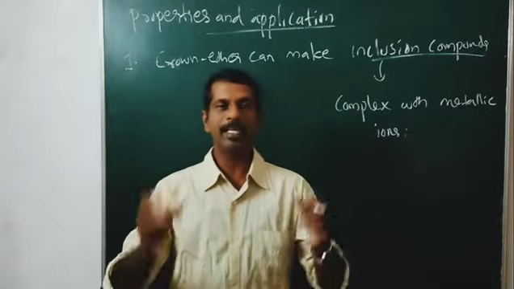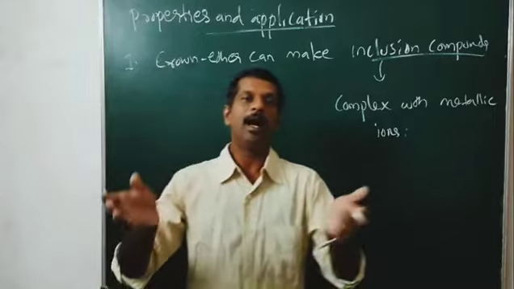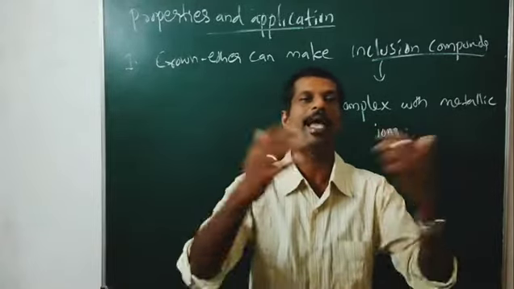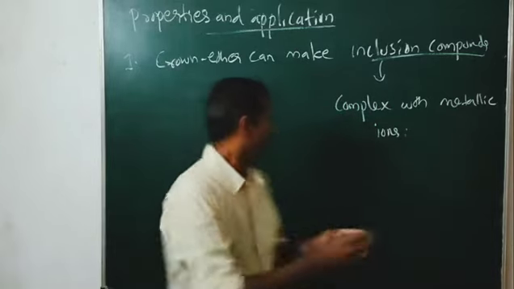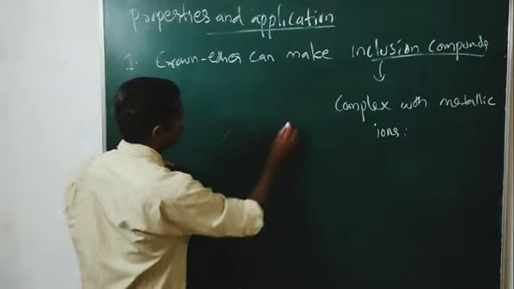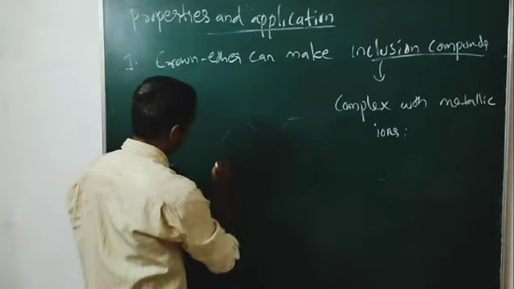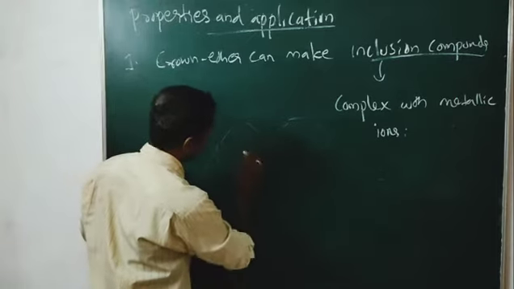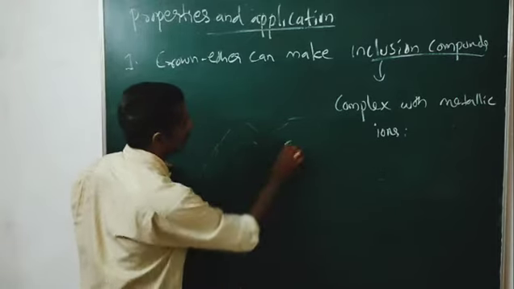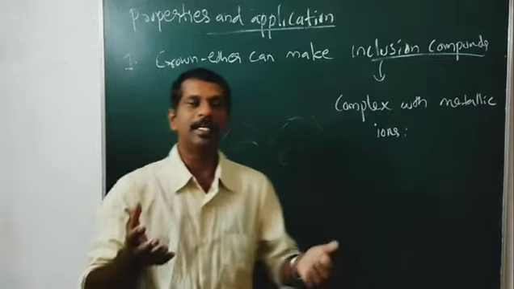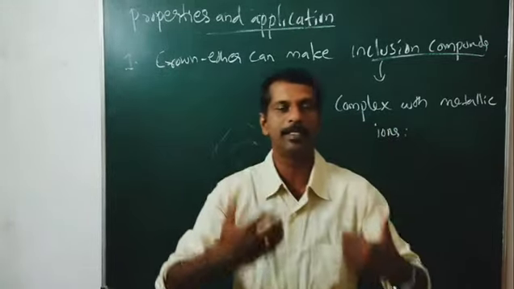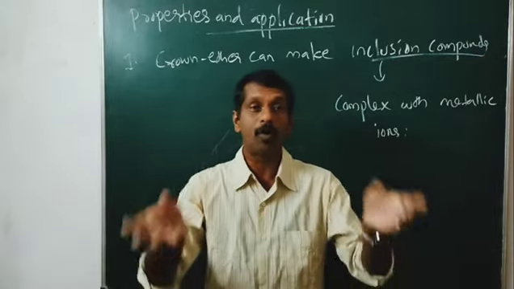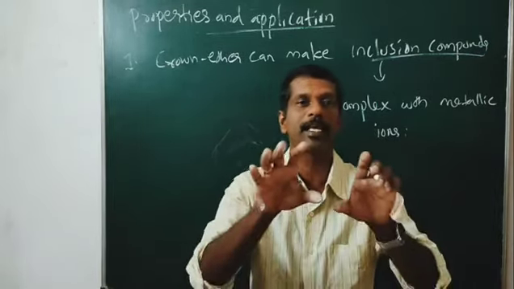So crown ether can make complexes with metal cations. Why can they make complexes with the metal cation? Because in crown ethers you can see that there are many vacant spaces, and in these cavities they can take the metal cation, they can adsorb the metal cation on the cavities present in the crown ether.